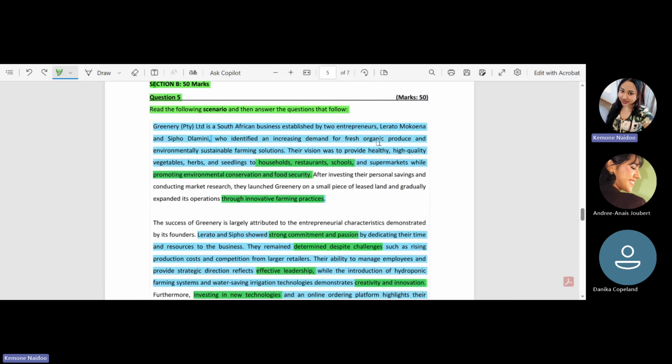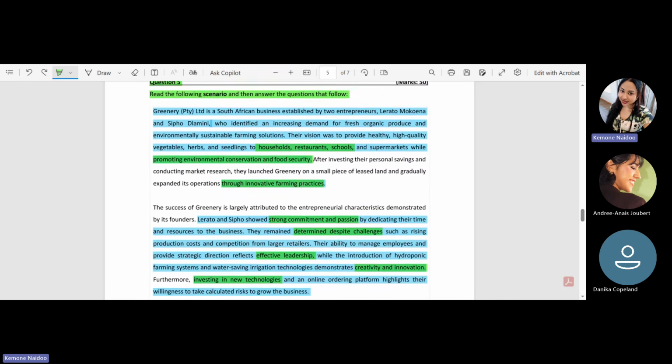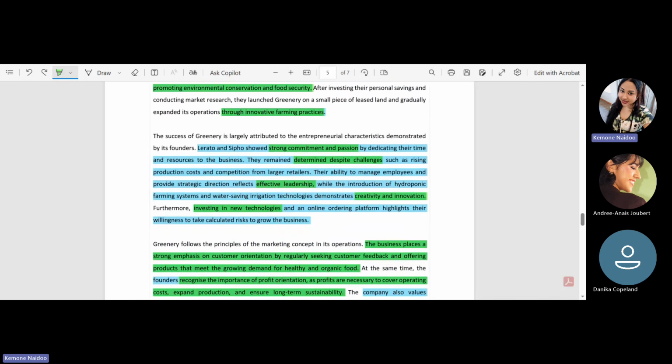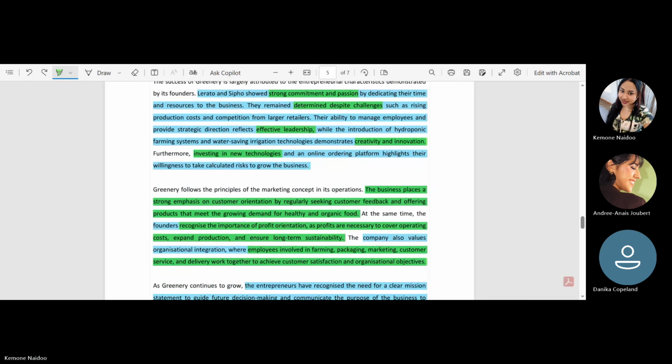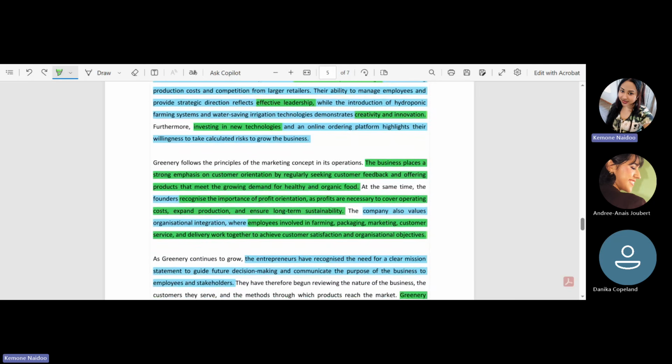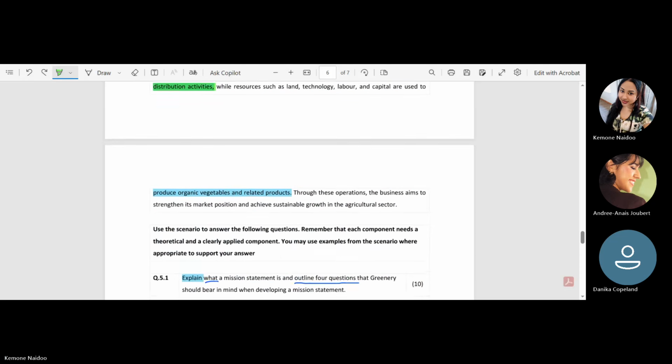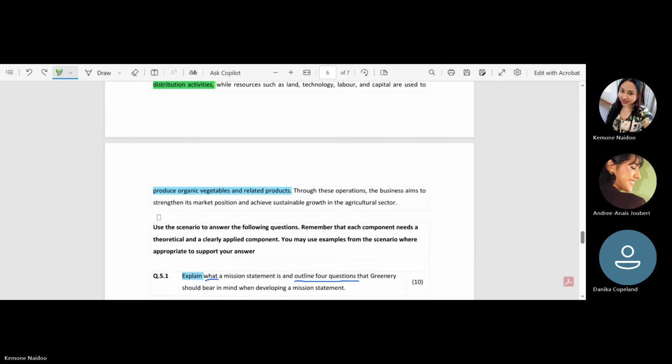So fresh organic produce and environmentally sustainable farming solutions, but there is a more specific answer that we should be able to find. Let's see. Okay, yeah, this one should be fine. So produce organic vegetables and related products, because that is what they are aiming to produce.